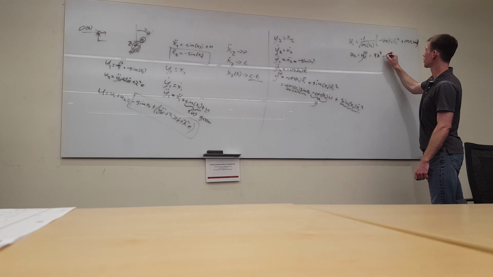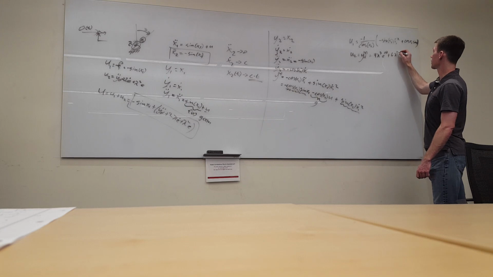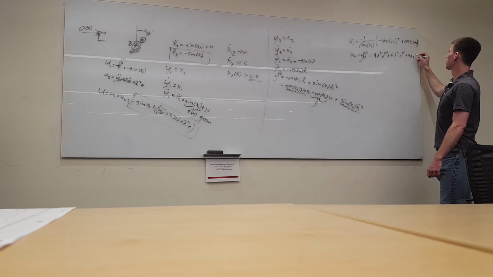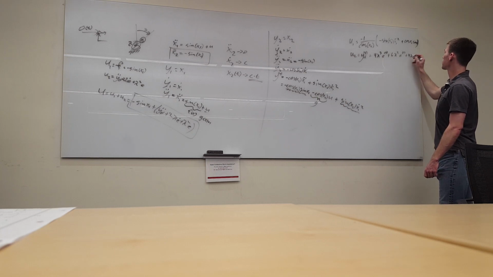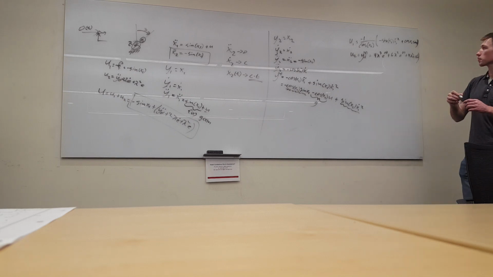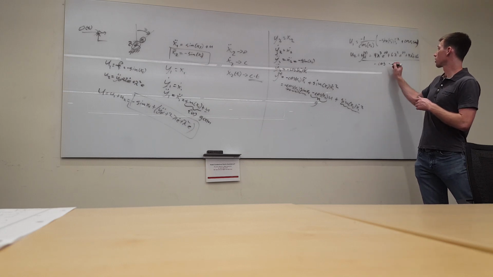Four lambda cubed e third derivative, 6 lambda squared e second derivative, 4 lambda e dot, plus lambda to the fourth e, something like that, maybe. Okay. All divided by negative cos x1.